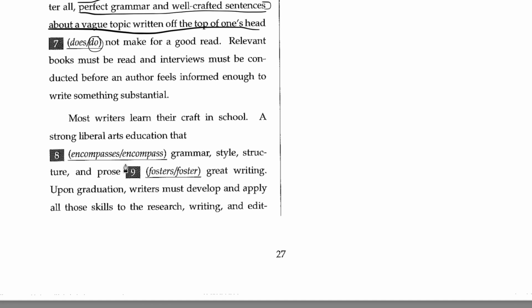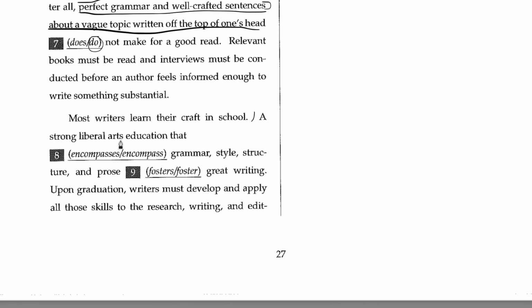Number 8. Most writers learn their craft in school, a long liberal arts education that encompass grammar, style, structure, and prose. Again, let's get back to the beginning of the sentence. Where's the beginning of the sentence? It's here, right after the full stop.